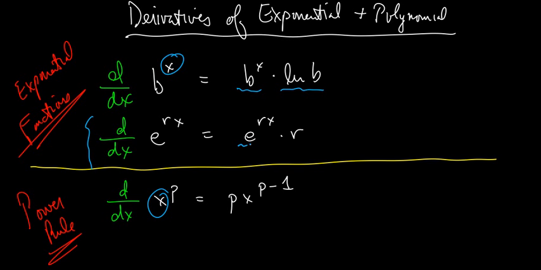The derivative of e to the rx is itself times a little bit of extra, but this time that extra is just r. Technically there's an ln e there, but of course ln e is just 1. And finally, the power rule, the first formula for derivative you basically came across. It's simply x to a power has derivative equal to the power times x to the power minus 1. All right, so let's use these in a bunch of examples.